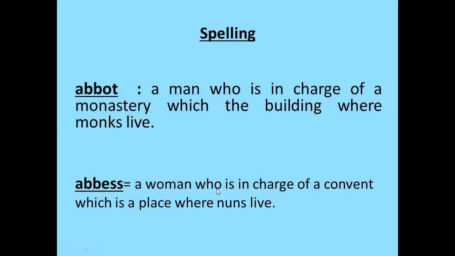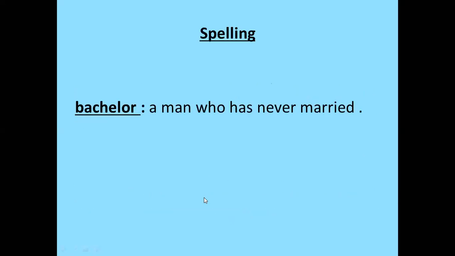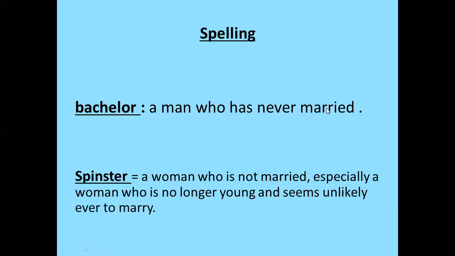Abbess: a woman who is in charge of a convent. This is the building where nuns live. Nuns are those women who live in the church. Bachelor: a man who has never married. And spinster: a woman who is not married.